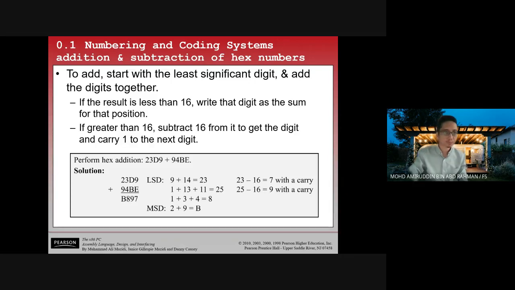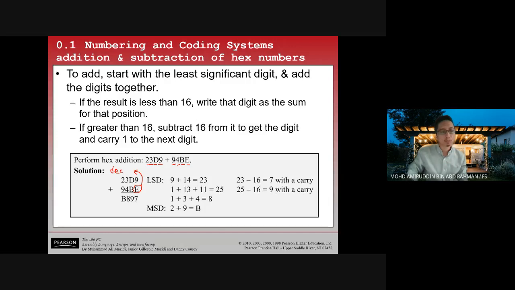So for example, we have 23D9 plus 94DE. To make it simple, we need to know what E is in terms of decimal.